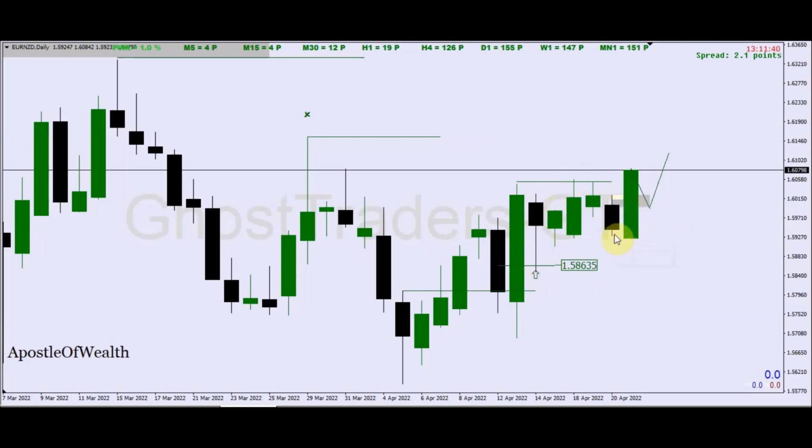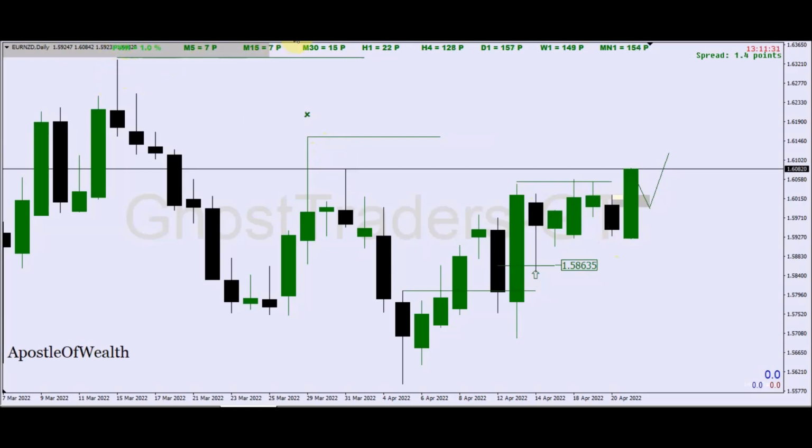You can move your stop loss at least below this low here or below this low here, and then you wait for price to retrace a little bit. If it retraces and gets to this level, you can have a re-entry going down, targeting first this liquidity void that is resting here, and then secondly this liquidity void that is resting here.